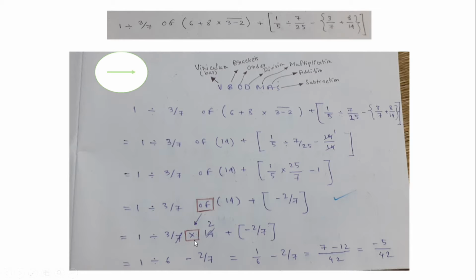So here you can see we are writing this of as multiplication, and then we are calculating this first and we will find here 6, and then the calculation is similar to this rule, and you can easily calculate. First we will divide this, and then we will subtract this, and we will find the result minus 5 by 42. Okay, so we are going to the next slide.